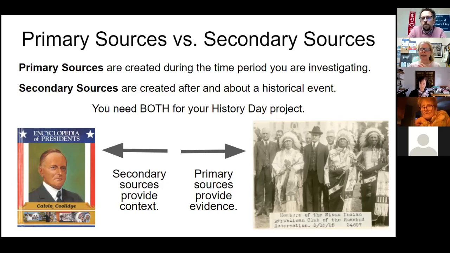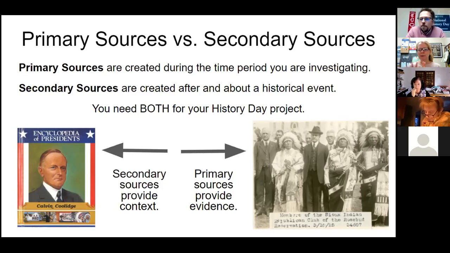One of the things, and we'll talk about this in a couple slides, is that primary sources might seem straightforward, but they're not necessarily always straightforward. Here, the History Day definition: primary sources are created during the time period you are investigating. Sometimes there's also the addition that it's firsthand information, but a newspaper can be a primary source even if the reporter didn't have firsthand information, if it's from the time period under study.